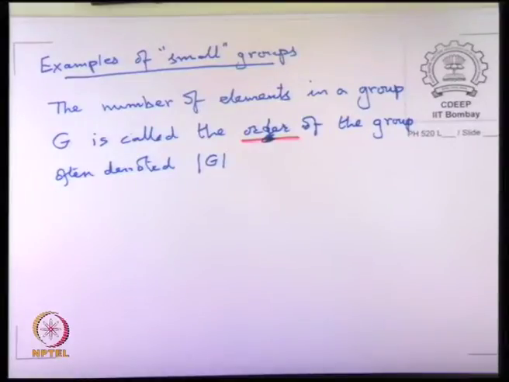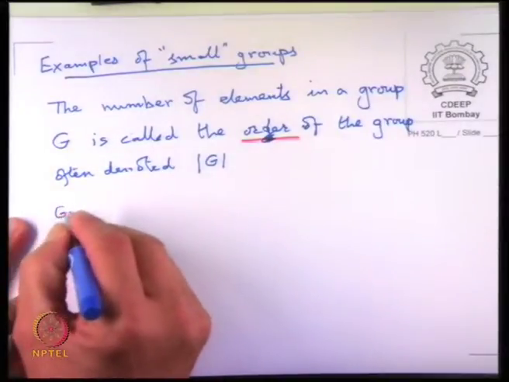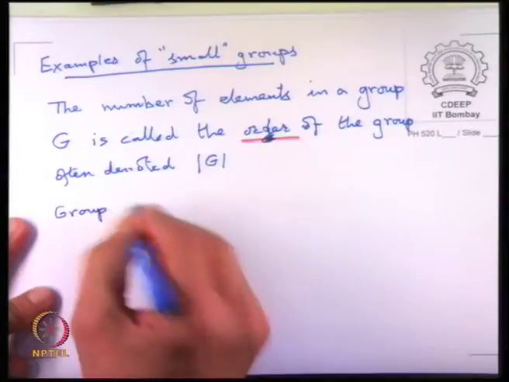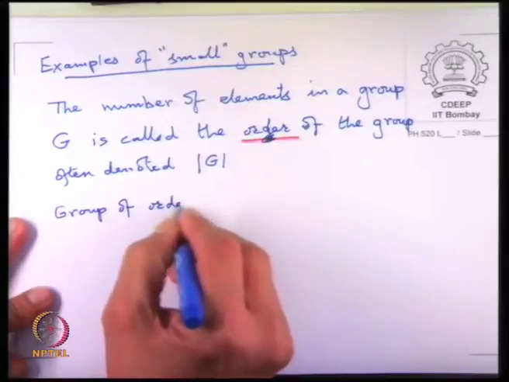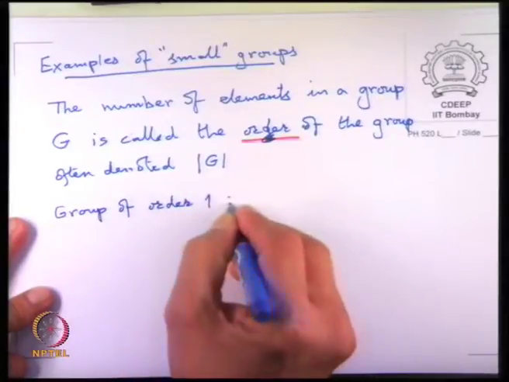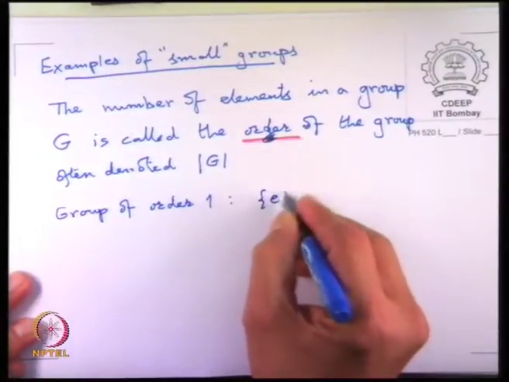Let us think of a very simple group, the simplest group of order 2. Well, the most trivial one is the group of order 1. This is a group that consists of the identity element.